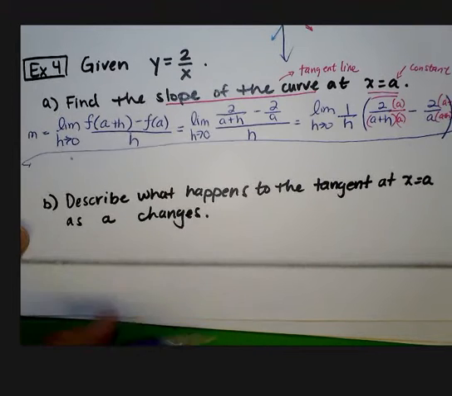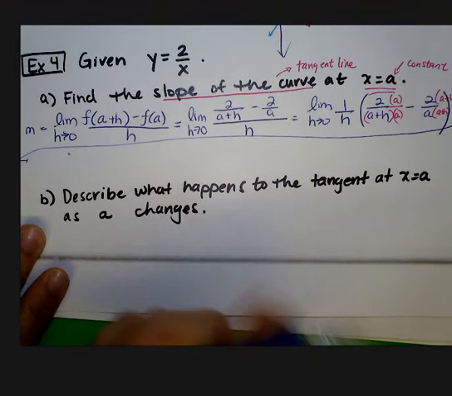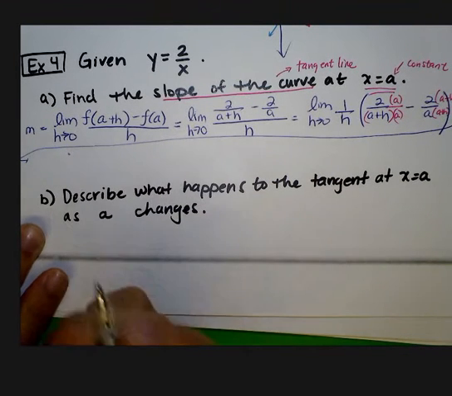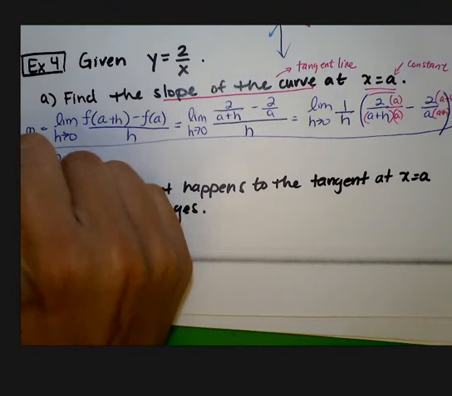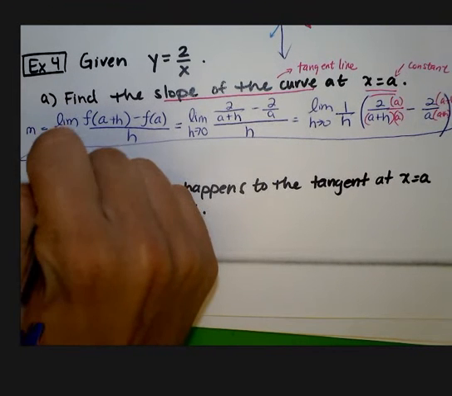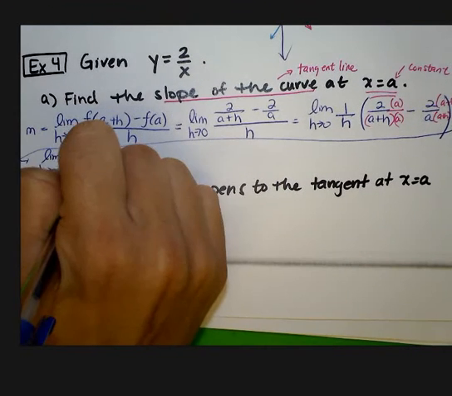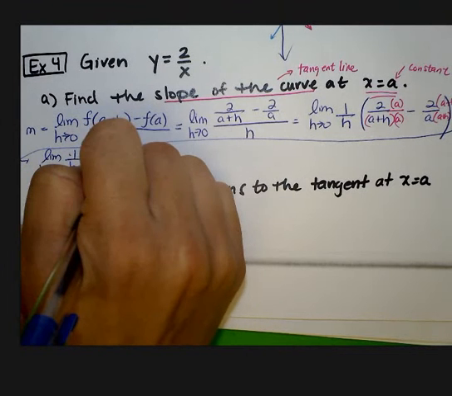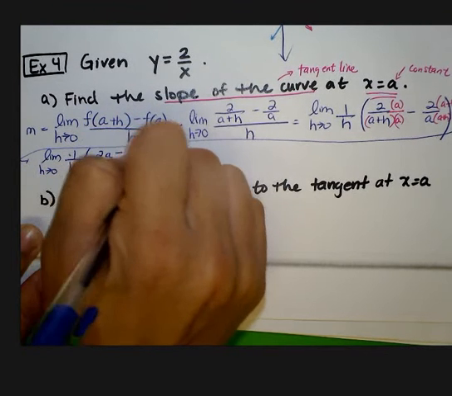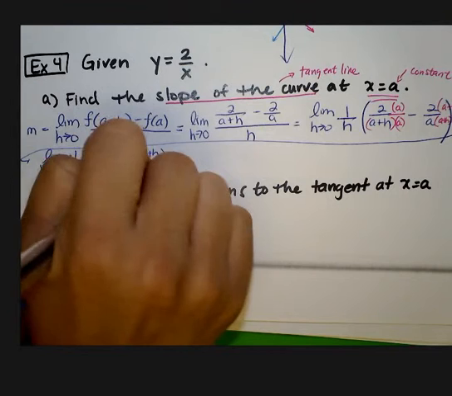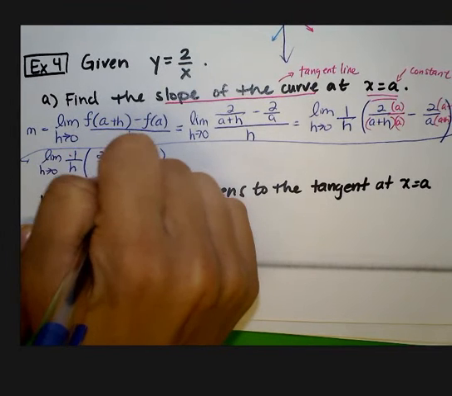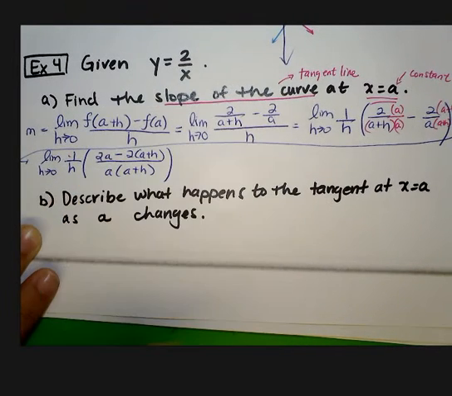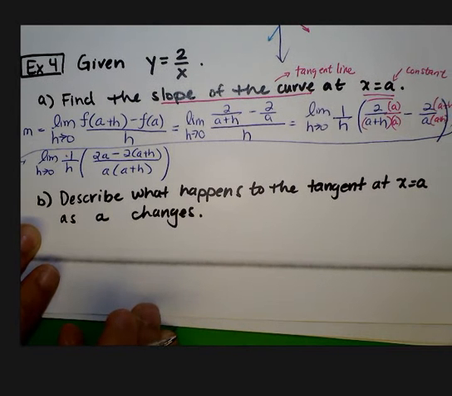Now, I have the limit as h goes to 0 of 1 over h times 2a minus 2a plus h over a times a plus h. Yeah?